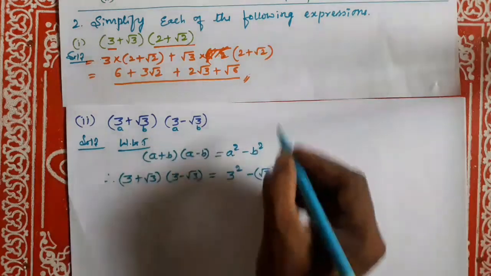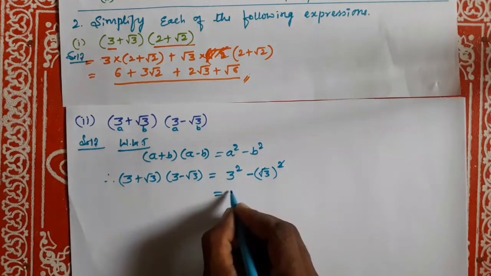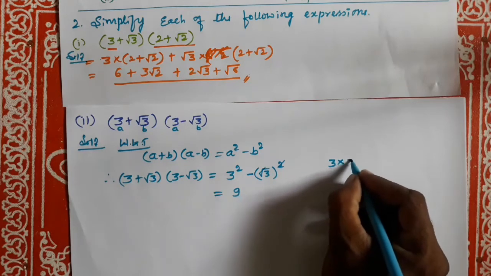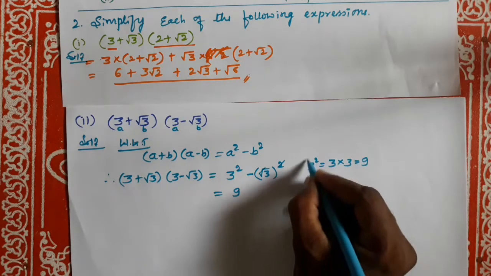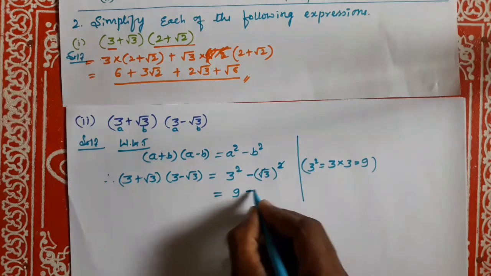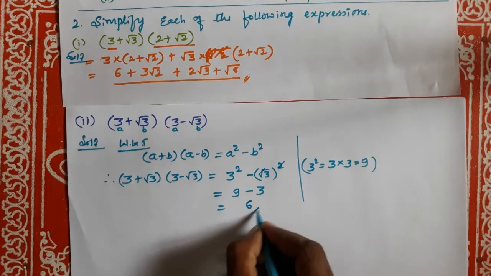The square and root will get cancelled. 3 square is 9, minus 3. 9 minus 3 is equal to 6. This is the answer.